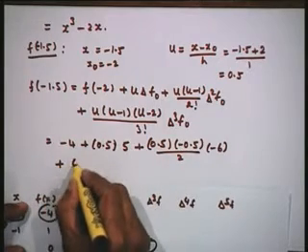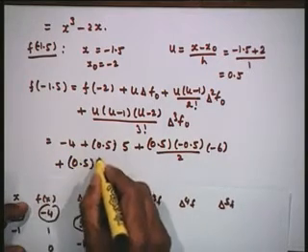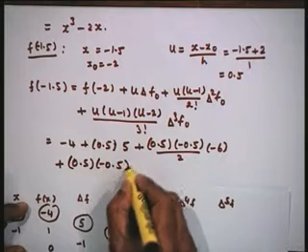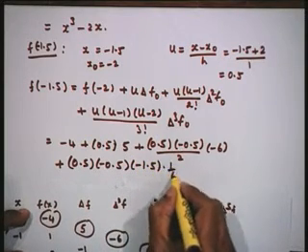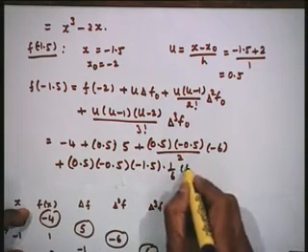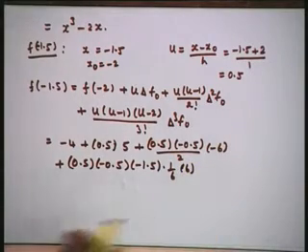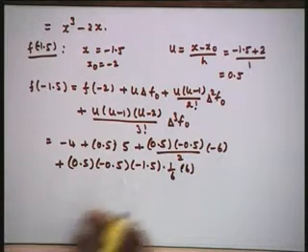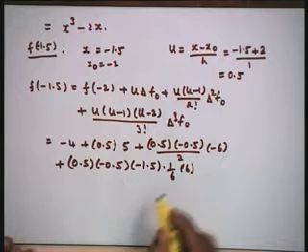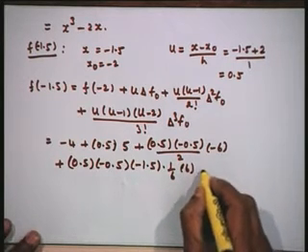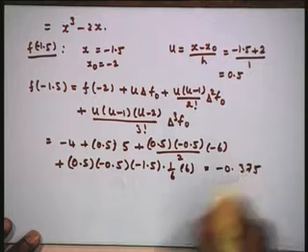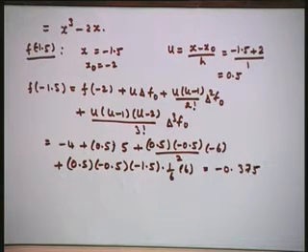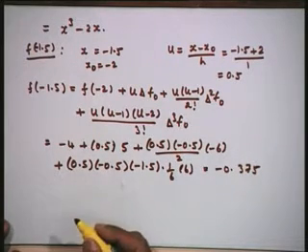Then I have the next term as 0.5 into minus 0.5 into minus 1.5 by 6, into 6. Now, this I will leave to you to simplify. It comes out to be minus 0.375.